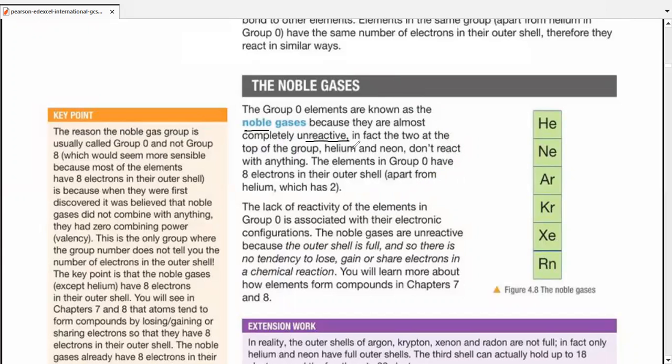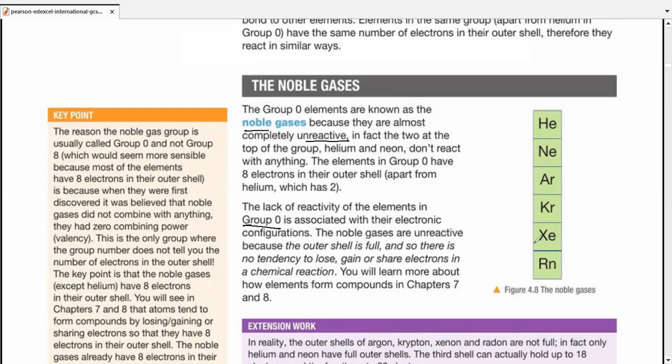They are unreactive because their outer shell is full, right? Therefore, they don't need to lose or gain any electrons. That's correct. The elements in group 0 have 8 electrons in their outermost shell, apart from helium, which has 2, and their lack of reactivity is associated with having a complete shell.